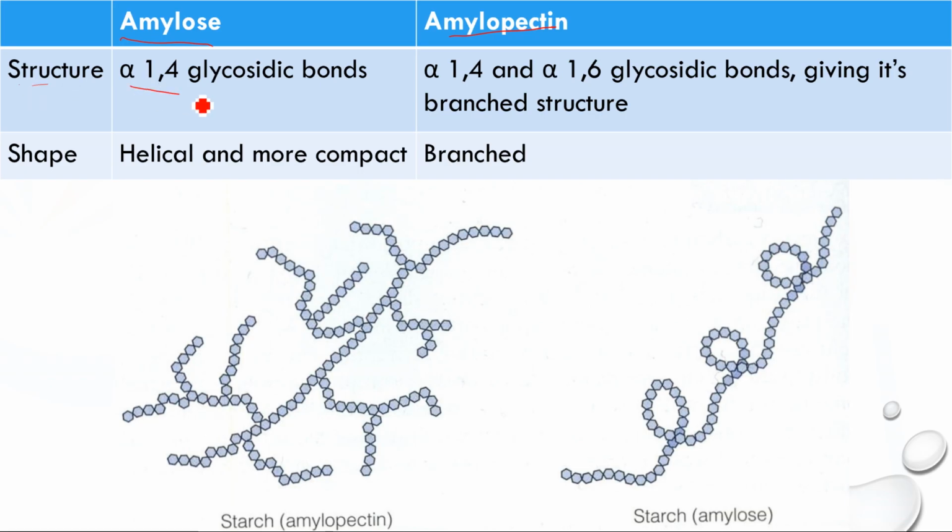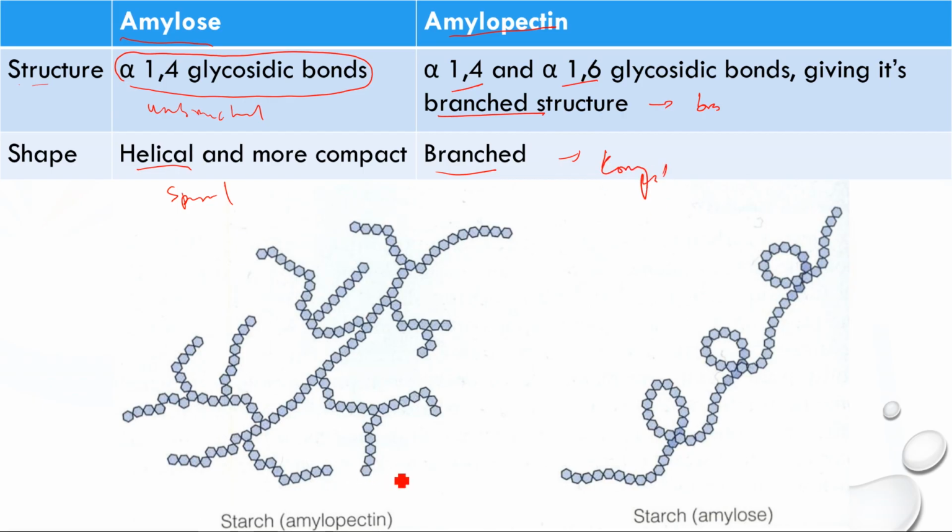So amylose has only 1,4 because it's unbranched. Okay. So amylopectin has both 1,4 and 1,6 because it's branched. See, branched structure. So amylose is helical, right? It's spiral, and amylopectin is compact, right?